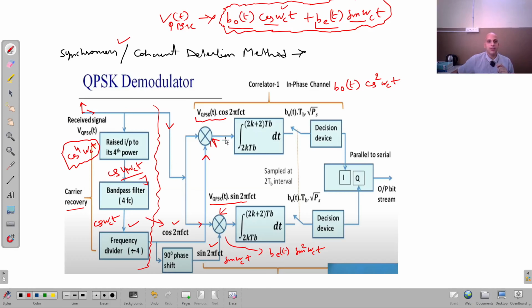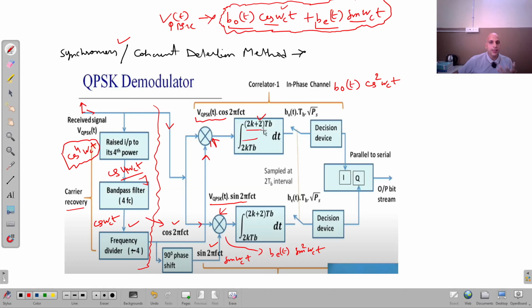Then this product is passed through an integrator, and the integration takes place within limits according to the bit rate, for the 2-bit interval. That's why we have taken it as 2.